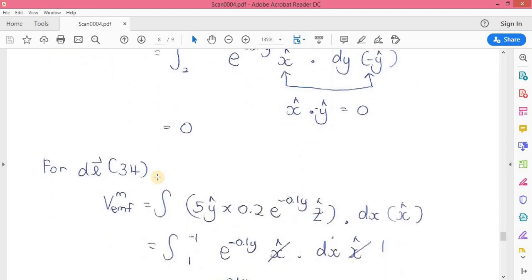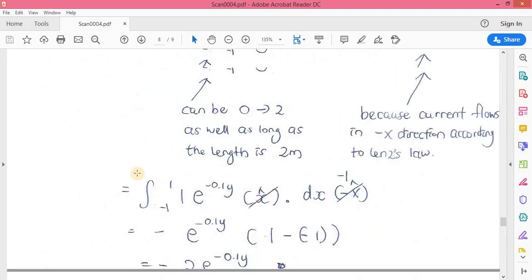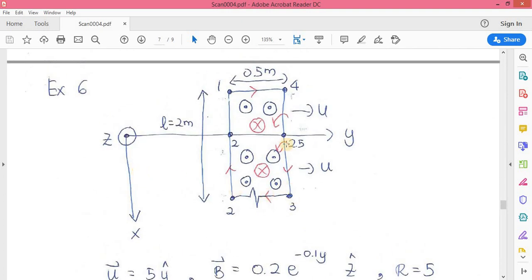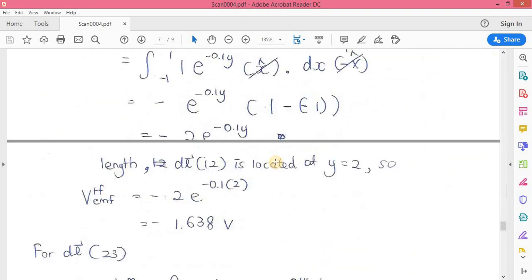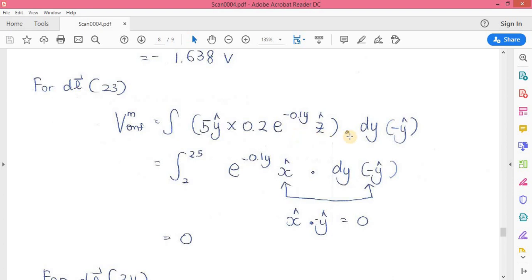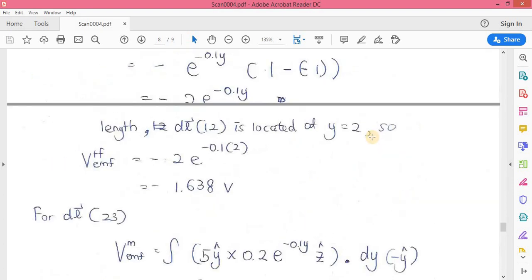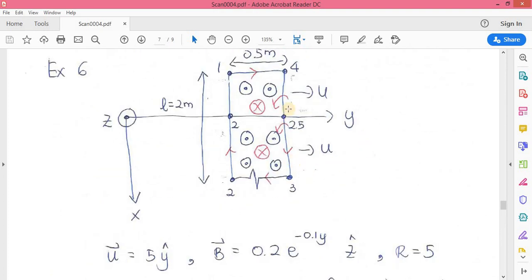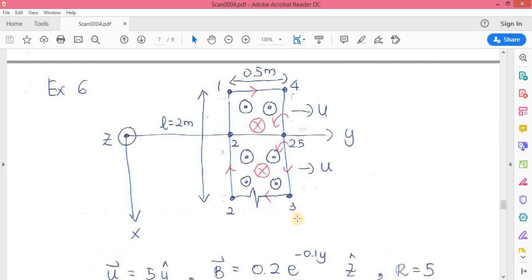We move on to the length 3-4. This is the length 3-4, from here to here. Same thing, and the direction will be negative y. For length 3-4, the current flows in the positive x direction.